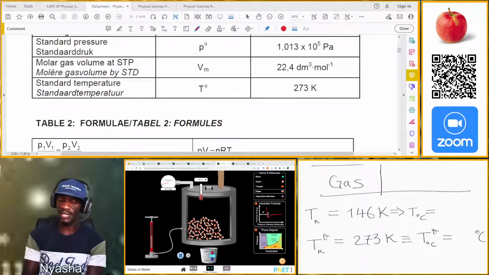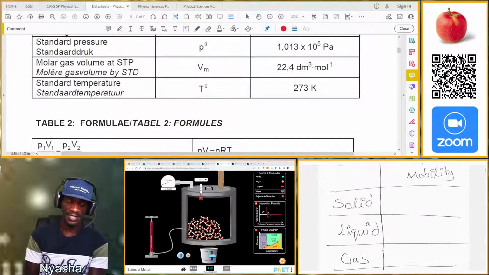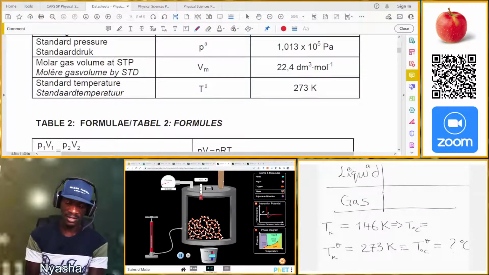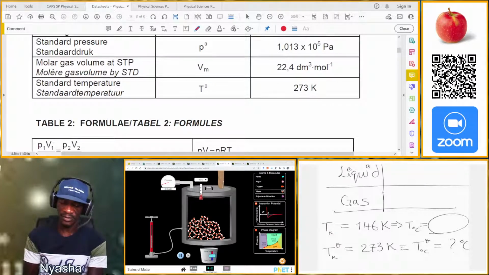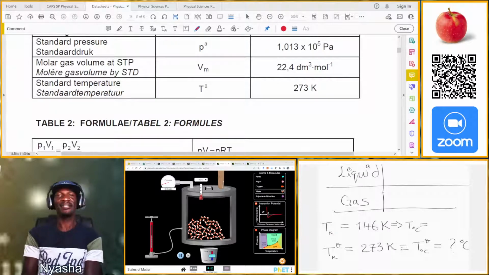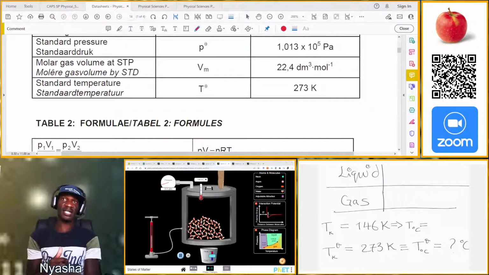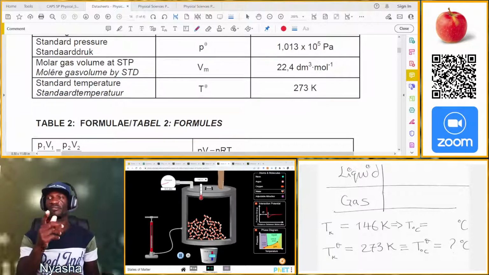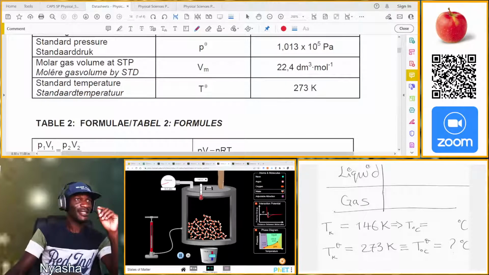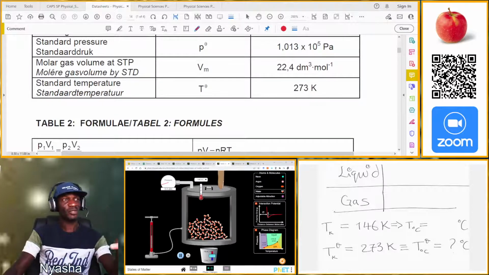When you find that temperature, then you can decide if 146 K is greater or less than the boiling point or the freezing point of water. So we want it in degrees Celsius. When you've done that, then this gadget should make sense on the state in which our water is. What is the state of this water?